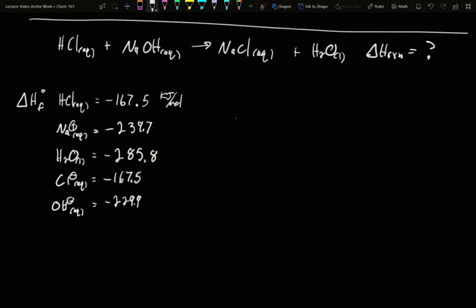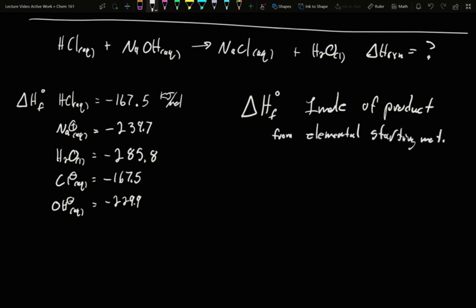Delta H formations are actually values for equations, but they are very specifically built. A delta H of formation is always designed as making 1 mole of a molecule and is done from elemental starting materials.